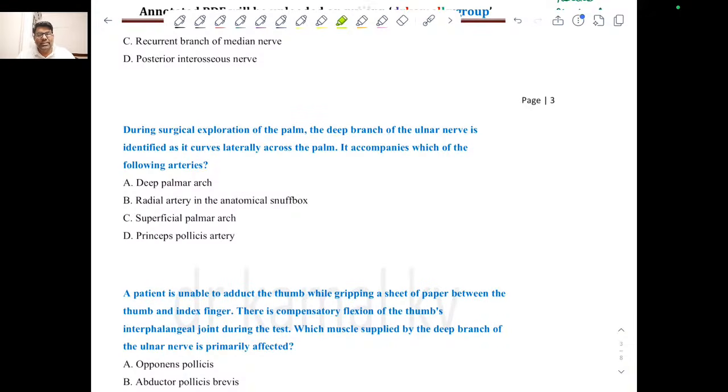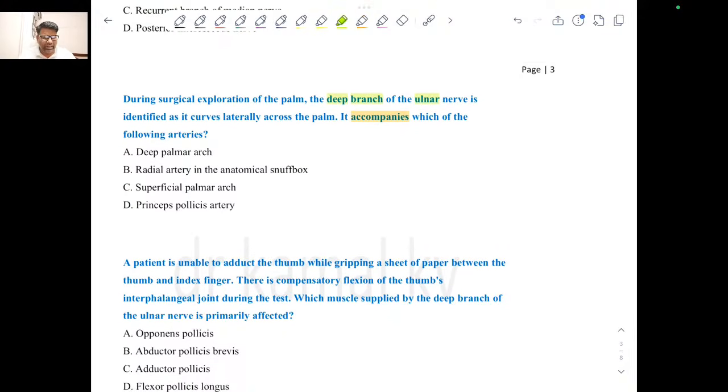During surgical exploration of the palm, the deep branch of ulnar nerve is identified as it curves laterally across the palm. It accompanies which of the following arteries? Now this is slightly difficult question, but the answer is very easy to remember.